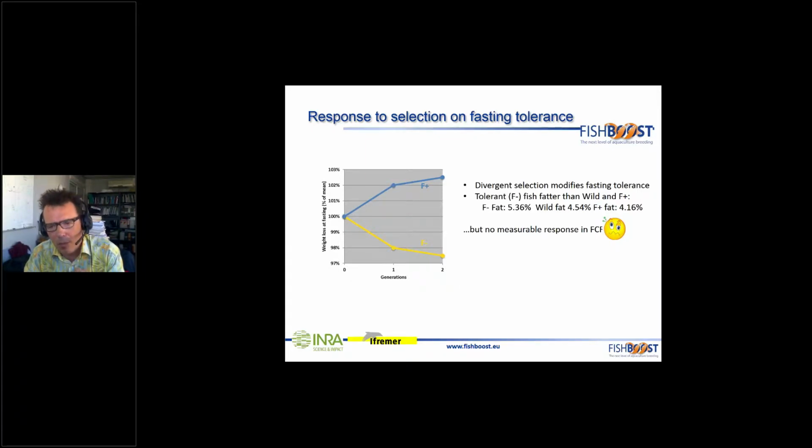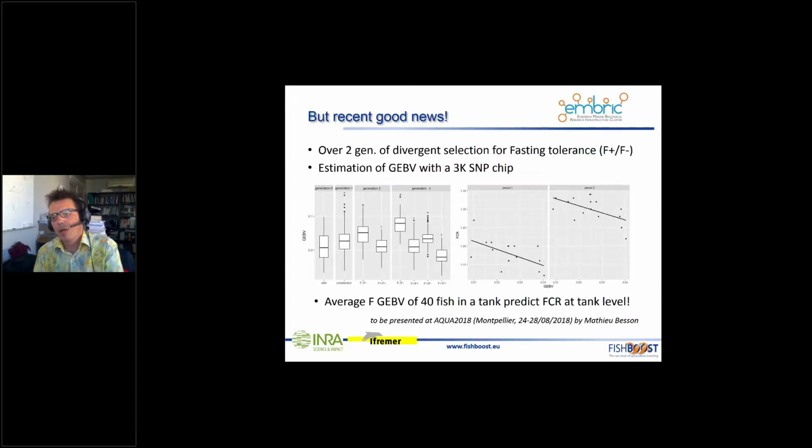And we did one more experiment in the other EU project, MBRIC, where we again used fish divergently selected for fasting tolerance. We estimated their genomic breeding value for fasting tolerance with a 3K SNP chip, so kind of a genomic selection. And we could see that there was a divergence in tolerance to fasting, which we had already seen before.